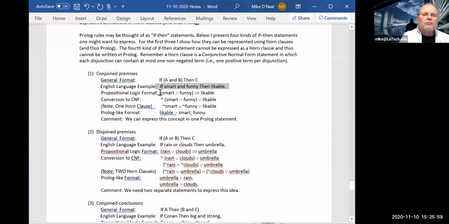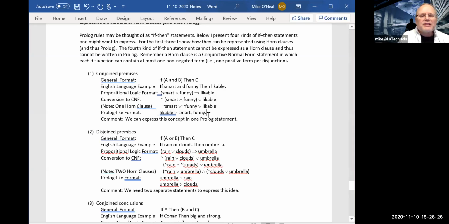So you can write this as smart and funny implies likable, which translates into not smart and funny or likable, and then you drive the not in, not smart or not funny or likable. And so that is a Horn clause, and so it can be written in our little propositional Prolog as likable if smart, comma, funny.